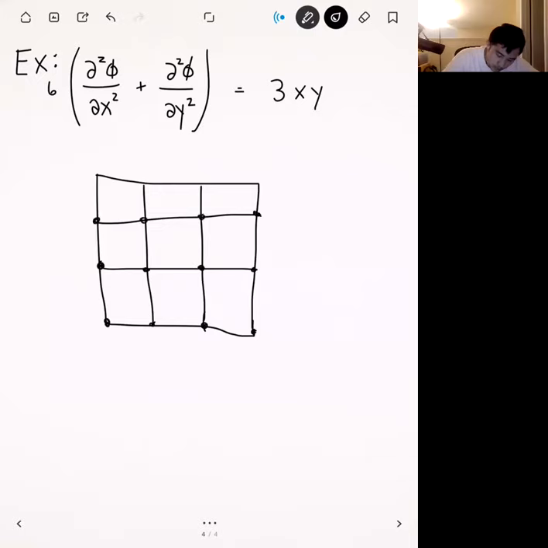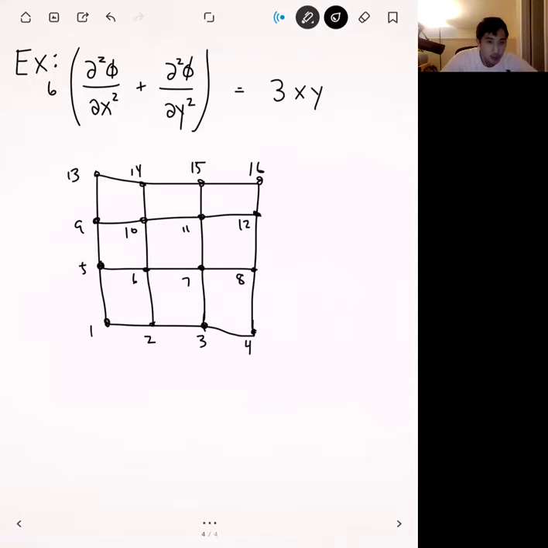Let me label all these nodes. Since I'm labeling the nodes for you, you don't have to worry about the ID equation at all. In this case, we have 16 nodes, 4 nodes in each direction.